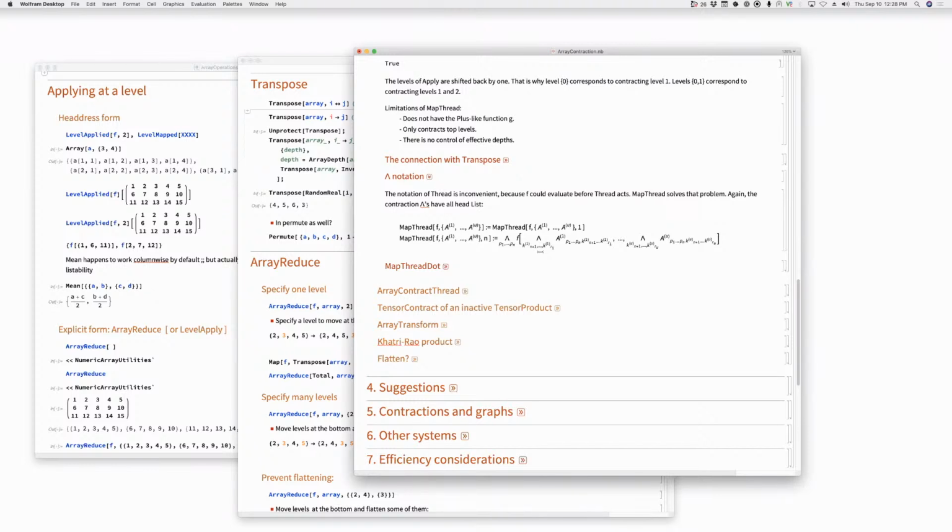Transpose would be reordering the indices. So what this is saying is, it takes these indices, and where does it put them? So this means we are going to have a number of indices of list levels around the whole thing. So that's going to be an array of that depth. Those are the indices of this resulting array. And the elements are going to be Fs of arrays.